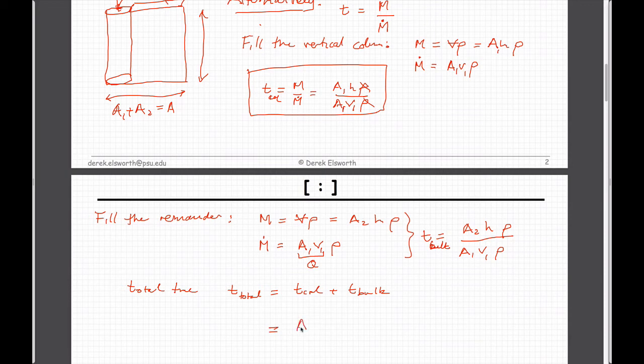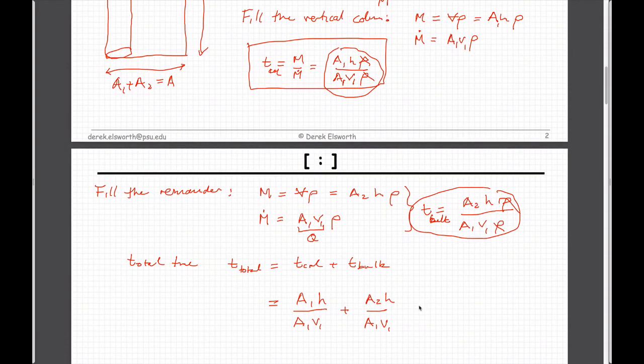So hopefully this is right. A1, H, we don't actually need the densities. A1 V1, which is this. And hopefully if this is right, this is the other one. Get rid of these. Plus A1 V1 divided by A2H.